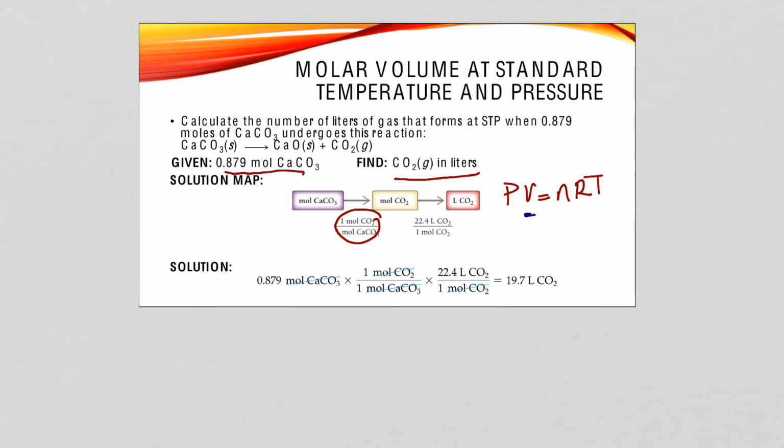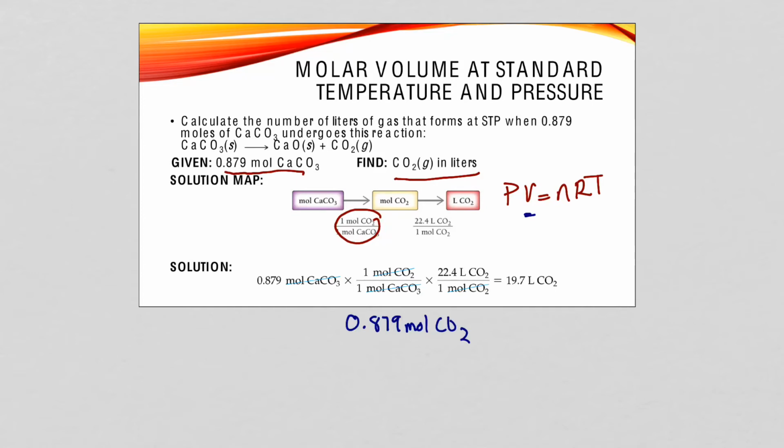So let's do the first step, where we simply take our moles of calcium carbonate, and we use our 1 to 1 ratio here, and it's going to give us our moles of CO2. Now, the math isn't very difficult here, so we're going to end up here with 0.879 moles of CO2.